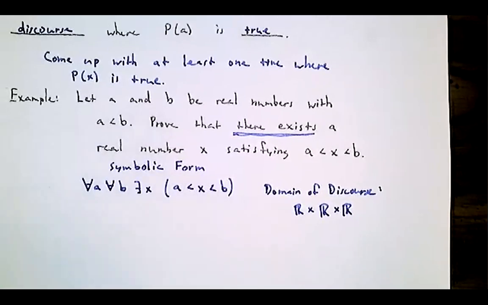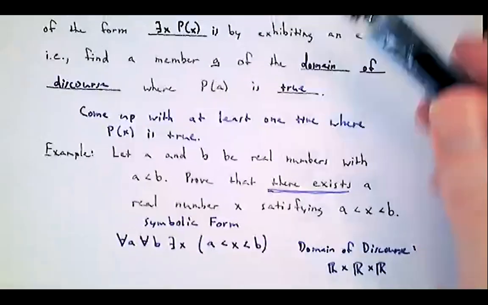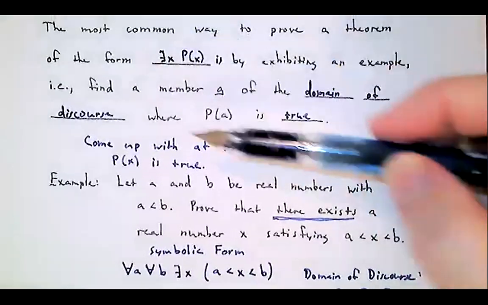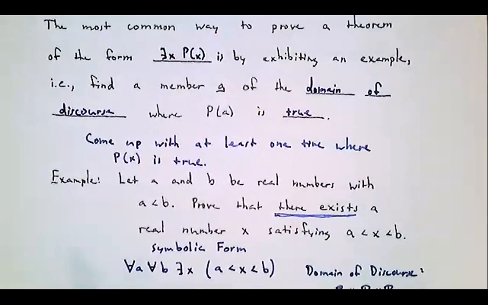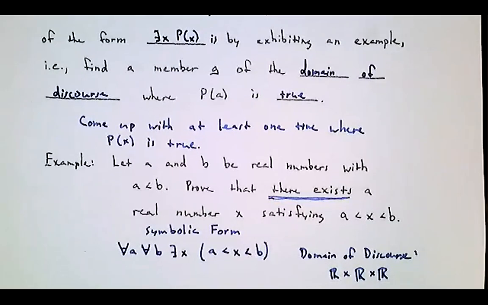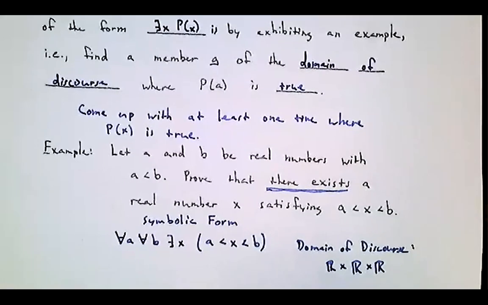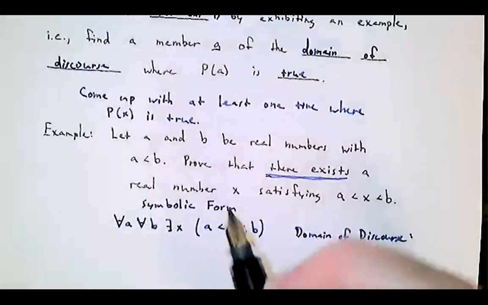But even though this seems like a rather complicated expression, we still only have to do this sort of thing up here. So given two real numbers, we don't know what the numbers are. We just know that A is less than B. And really, we should have included that here.